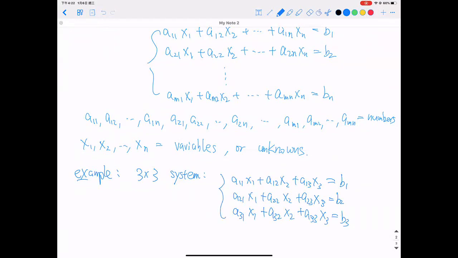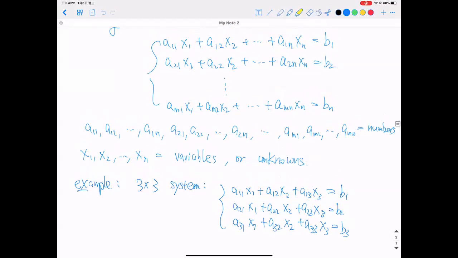Now, going back to the general form, there's something to say about the way these indices are made. See the first index here, 1, 2, all the way down to m. These are indices indicating in which equation these numbers are. So the 1 here means it's in the first equation.